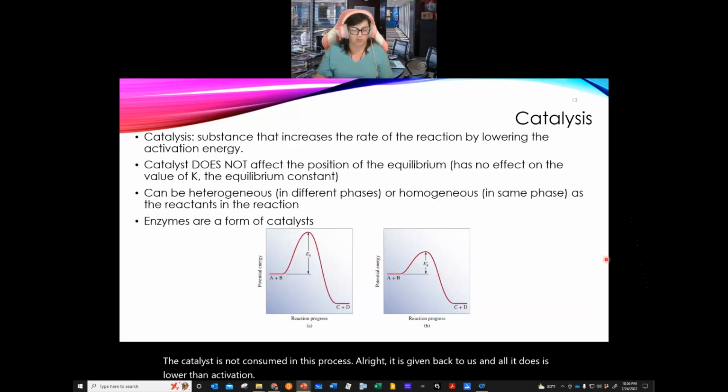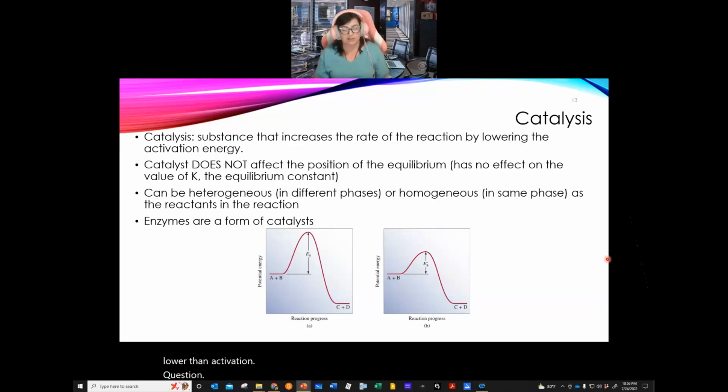So, questions, comments, problems. How might you see this information on the test? Well, what effect does the catalyst have on the equilibrium constant? That's something you might get asked. What does a catalyst do? I.e., what is its purpose? What is the substance? What does it mean to have a catalyst?